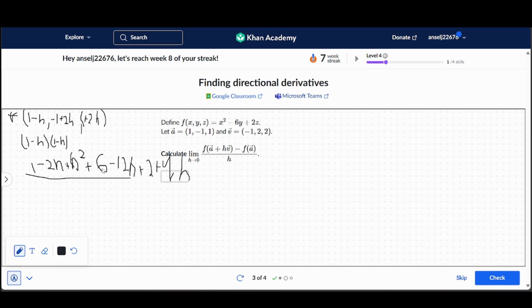Yes. And then oh shoot, I gotta do this thing. I don't really have to do this thing because it doesn't involve H. So when you divide by H, you're basically just ignoring it. So all that's going to be left is -2. It's all the things that just have H, minus 12, and then plus 4. So that's going to be -10.